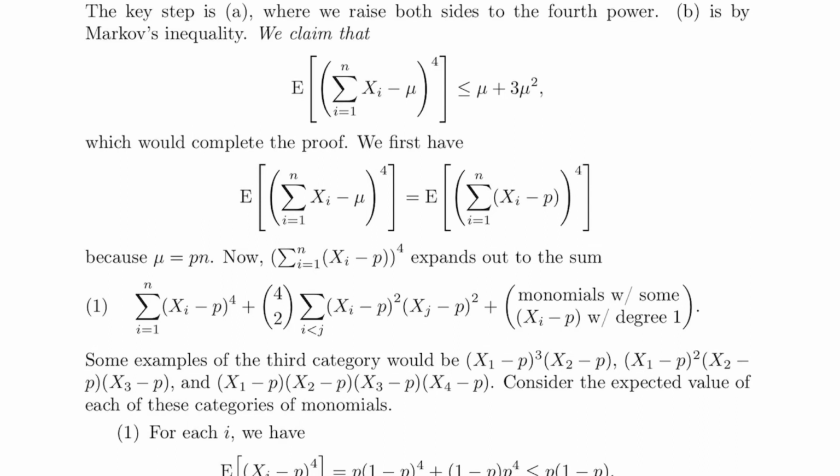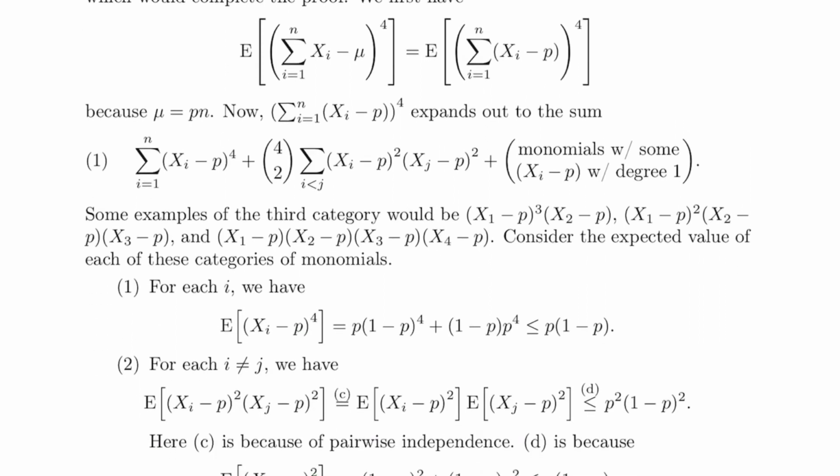Some examples of monomials in the third category would be x1 minus p cubed times x2 minus p, or x1 minus p squared times x2 minus p times x3 minus p, or x1 minus p times x2 minus p times x3 minus p times x4 minus p.